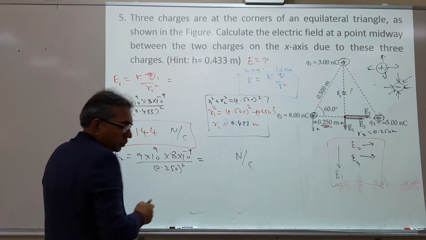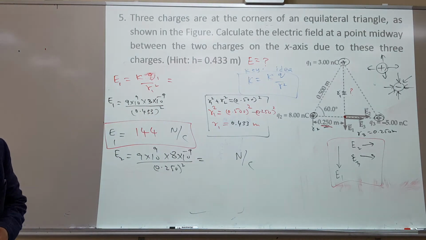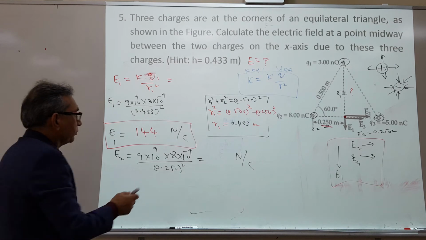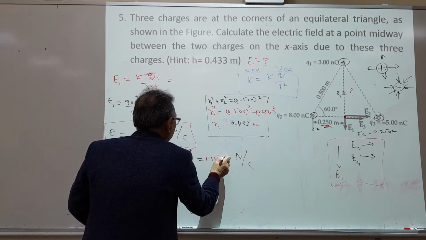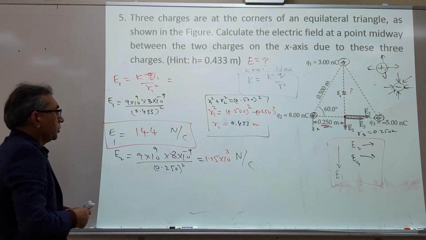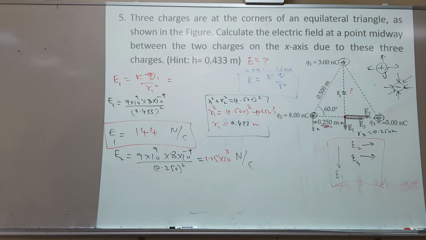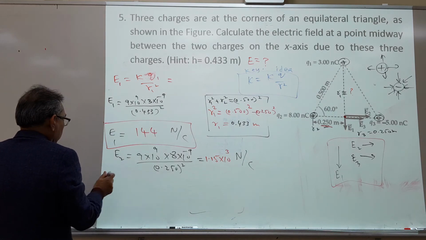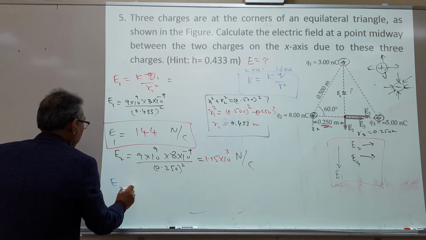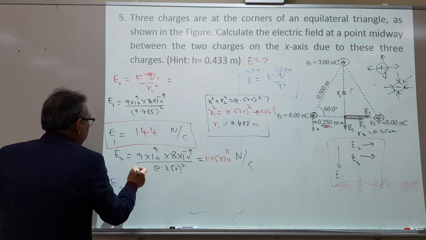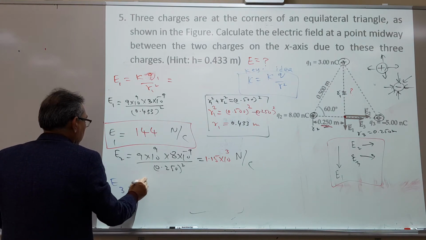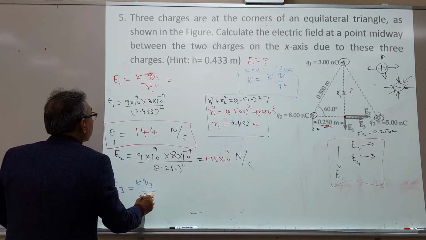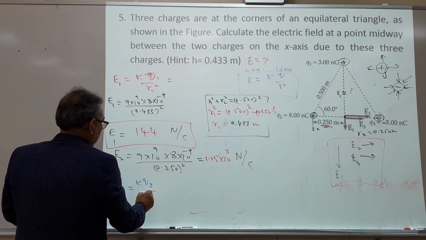You would get E2 1.15 times 10 raised to power 3, right? And finally, E3, again the same rule, which is KQ3 by R3 square.